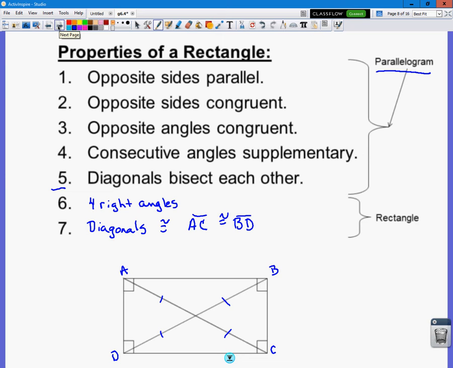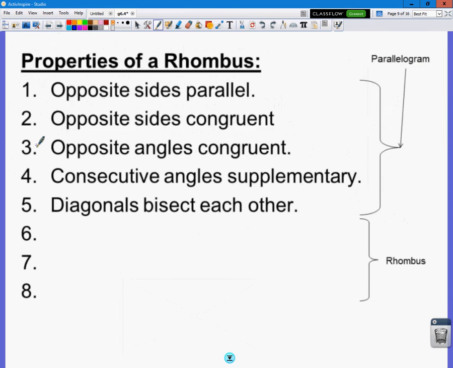Pretty good so far? Properties of the rhombus. What do we see it starting out with again? It starts out with what? All the properties of a parallelogram.